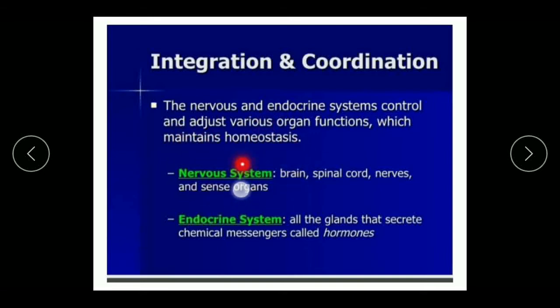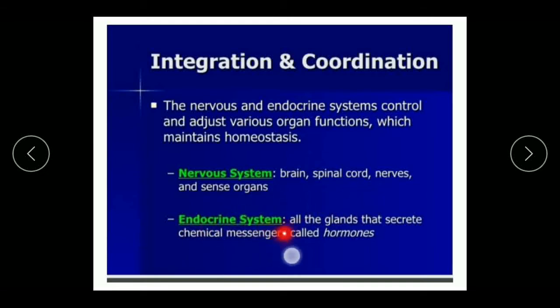The human body coordinates and regulates mainly through two organ systems, the nervous system and the endocrine system. First, the nervous system consists of the brain, spinal cord, nerves and sensory organs. For example, you feel the hotness or coldness of the environment: the skin, as a sensory organ, receives the external stimulus and transports it through the nerves to the brain and spinal cord. These form the nervous system.